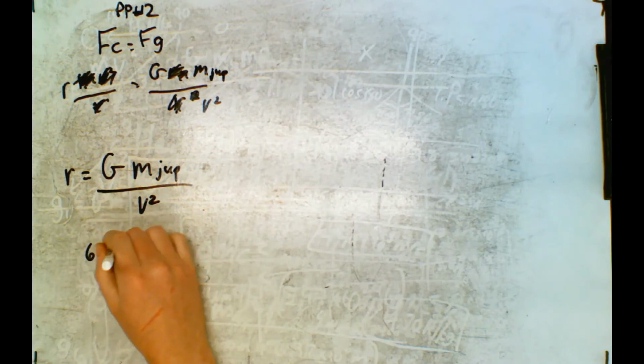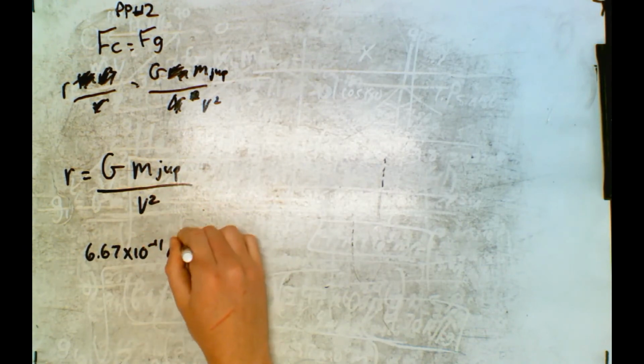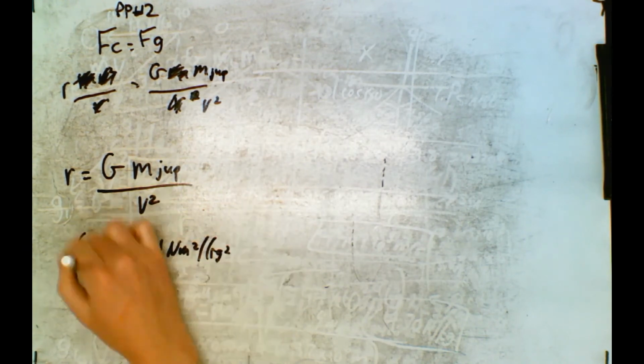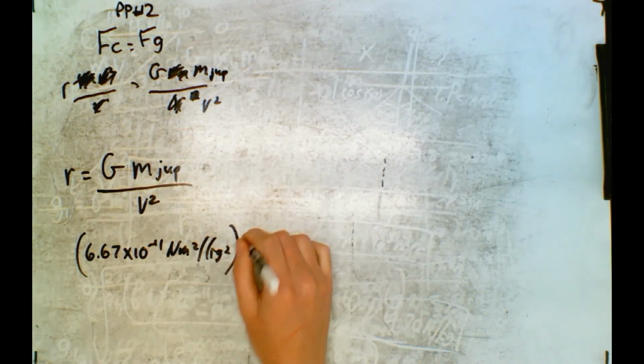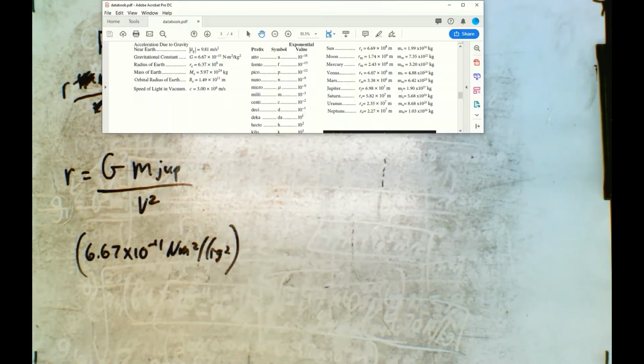So 6.67 times 10 to the negative 11 newtons meters squared per kilogram squared. Mass of Jupiter. So let's get our data booklet out and find the mass of Jupiter. So the mass of Jupiter, 1.9 times 10 to the 27.